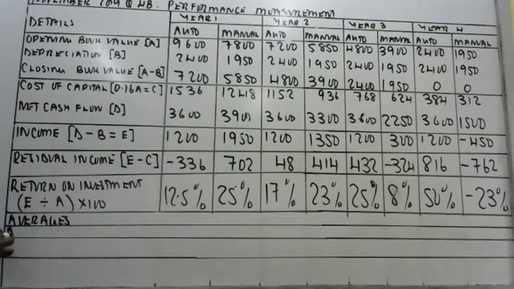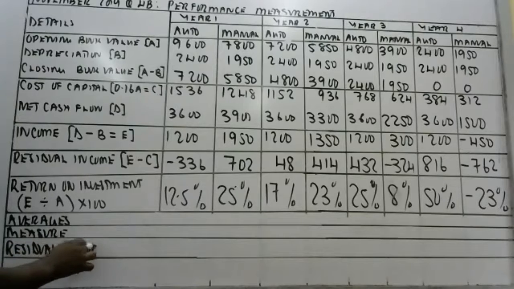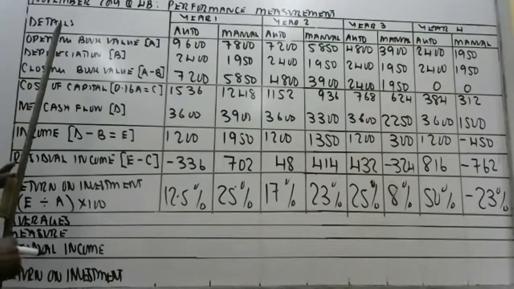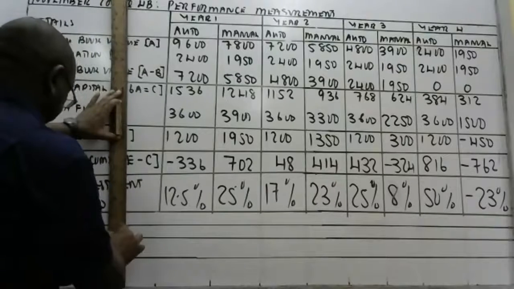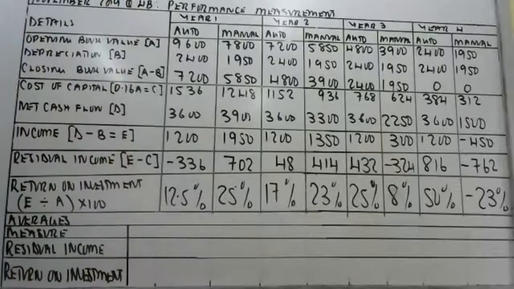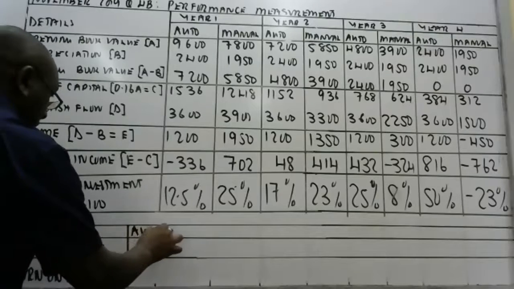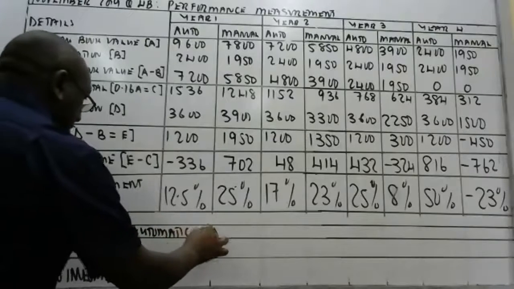So for the averages, I have the measures here. I start with the residual income, and then I have return on investment. Let me start with automatic plans.